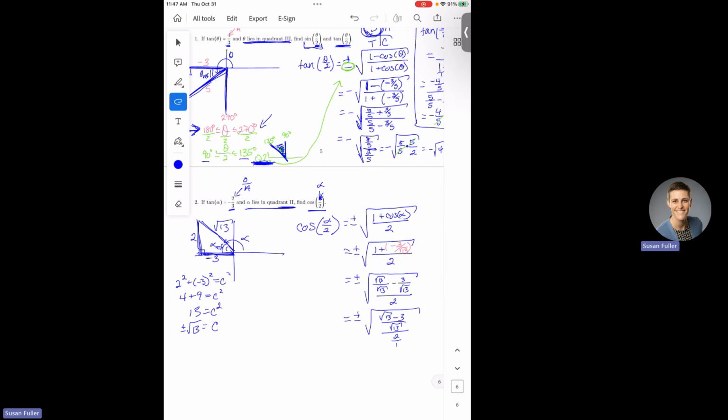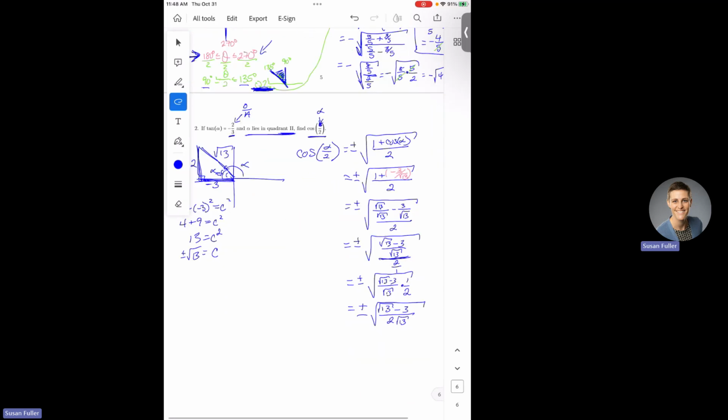And I've got 2 over 1 here. And so now we will simplify here, and we will keep the top, change this division to multiplication, and flip that other one. So we have plus or minus the square root of √13 minus 3 all over 2 times √13.